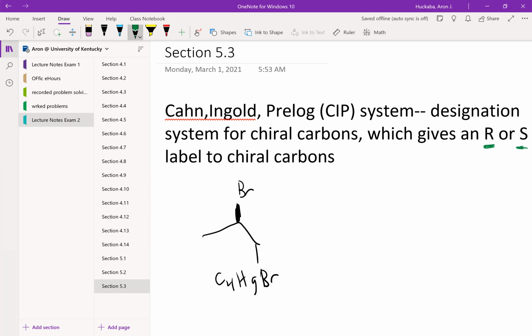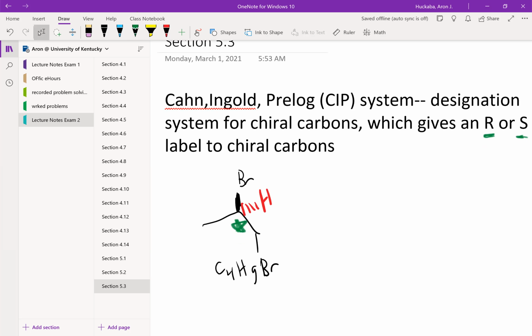It has one chiral carbon because the hydrogen is on a dash. So we're going to be able to say whether that chiral carbon has a configuration of R or S. And we're going to be able to identify this in a systematic way. And in addition, we're going to be able to say how to use these in a systematic IUPAC name.